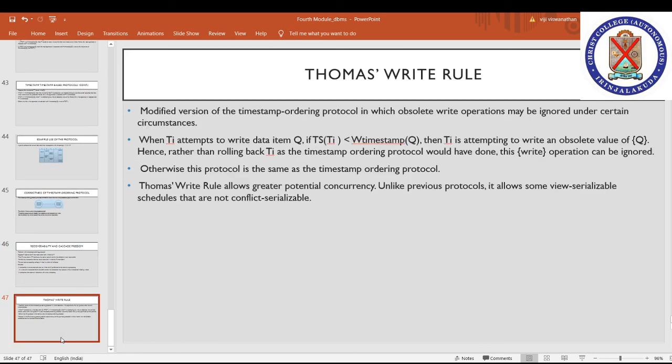Next is the Thomas Write Rule. The Thomas Write Rule is a modified version of the timestamp ordering protocol, and it prevents obsolete write operations.